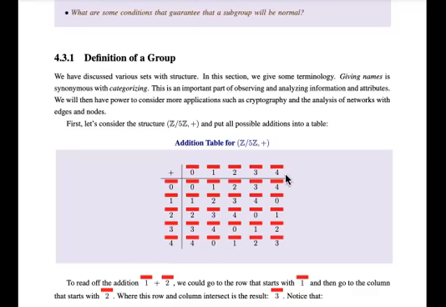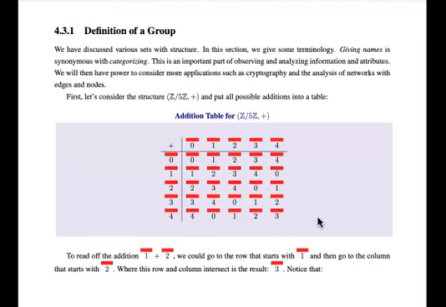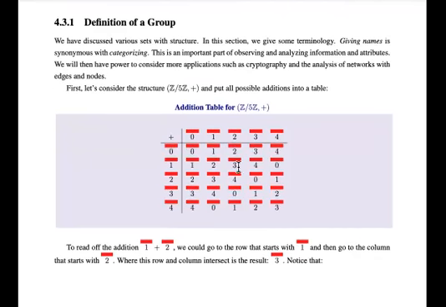So there are five things we can add with each other, and there's a nice addition that happens right here as we do so. And notice 1 plus 2 is 3. So no matter what we add, like 3 plus 4, we get something back here in the same set. So it's a closed binary operation.